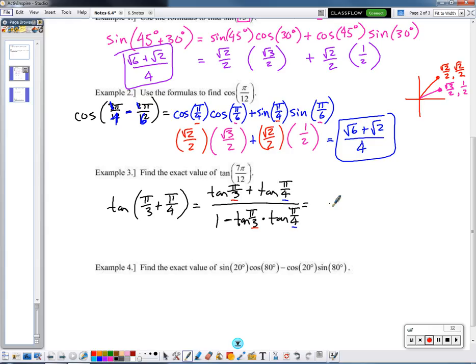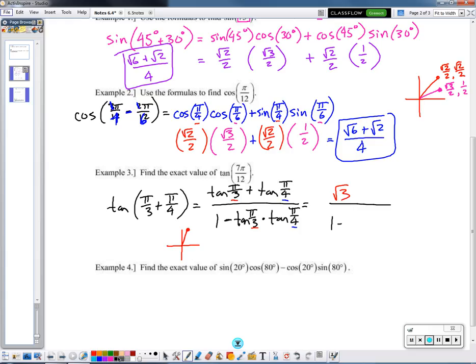So here, tangent of pi over 3. Again, what I'm looking at is over here at pi over 3, which is up here, and I have a y value of root 3 over 2 over 1/2, so really that's just going to be root 3, plus tangent of pi over 4.